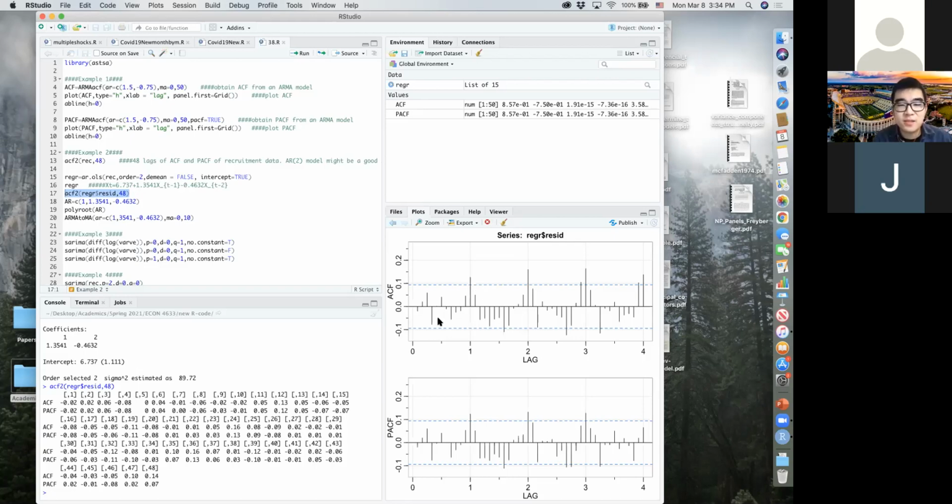This is also true for lags like 0.5, 1.5, maybe around 2.5, 3.5, and similarly for the PACF plot. We find that the ACF and PACF of the residuals are outside these confidence intervals.